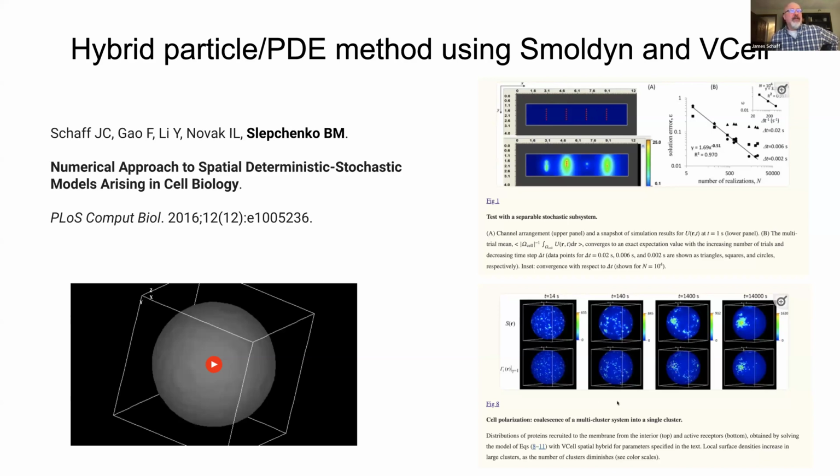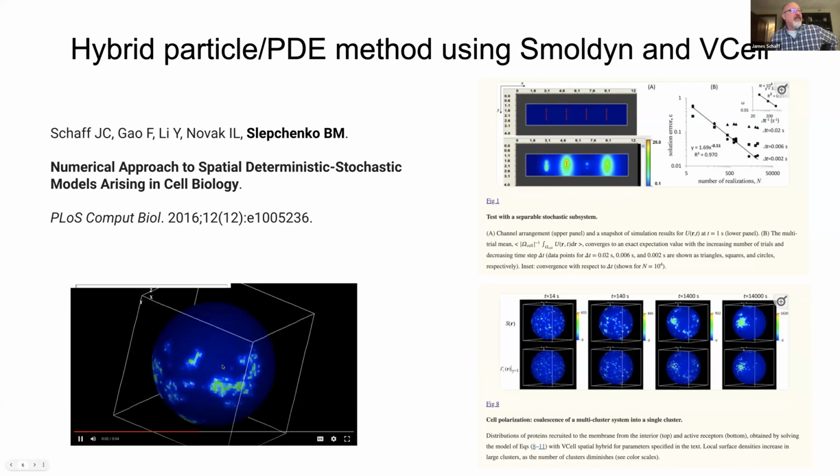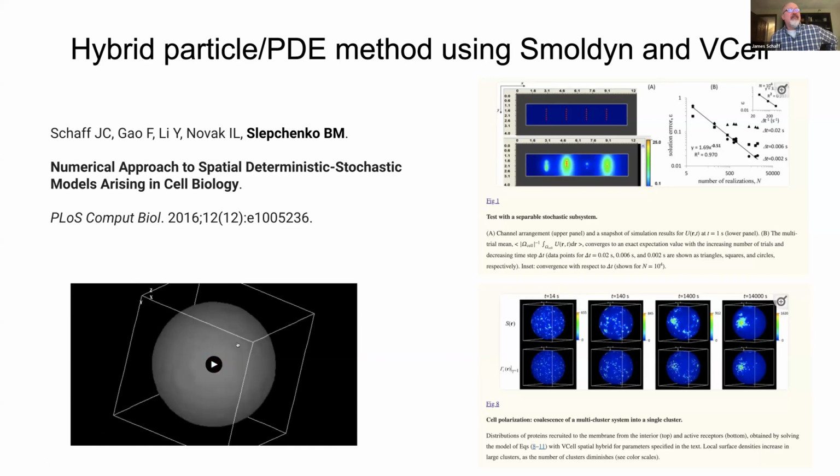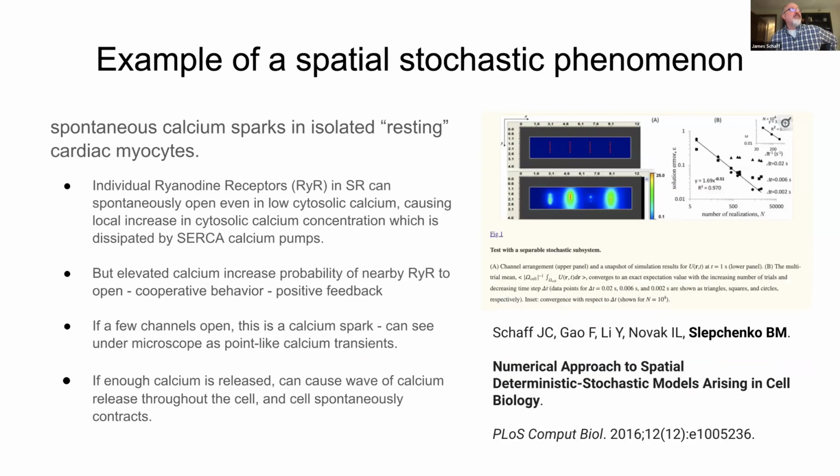And in figure 8 down here, it's coalescence of clusters on membranes, and there's some cooperativity there as well. And hopefully it'll play. Oh, great. This is a movie from that model. And of course, these were developed in Virtual Cell, so Virtual Cell models are available for this as a published VCell model on a database. So you can also look at that.